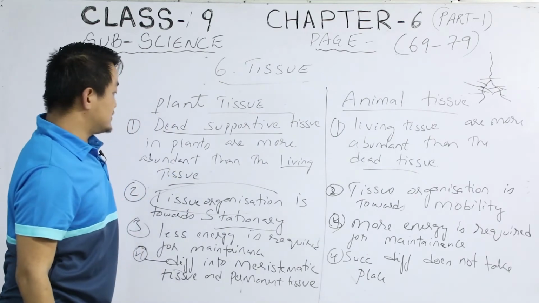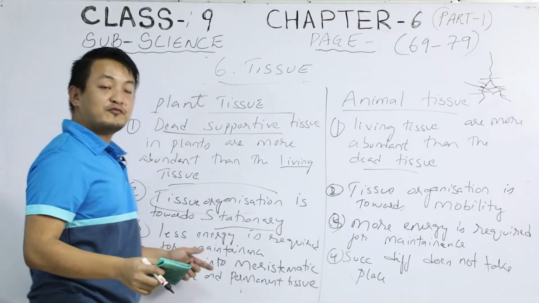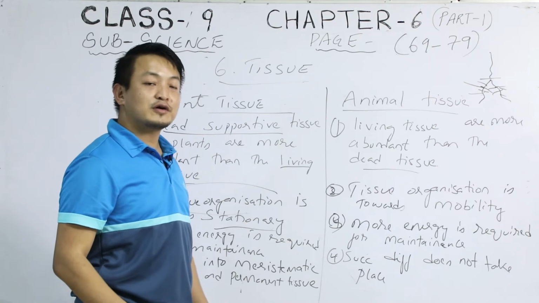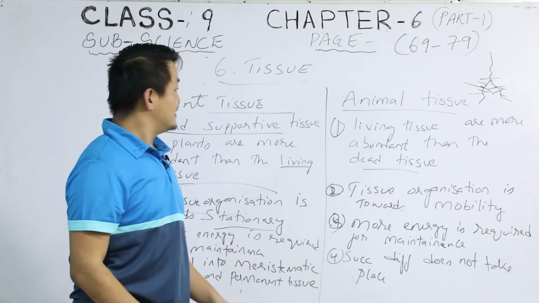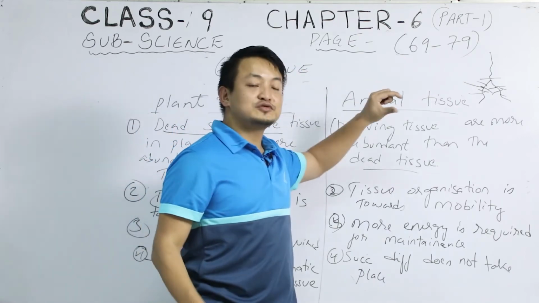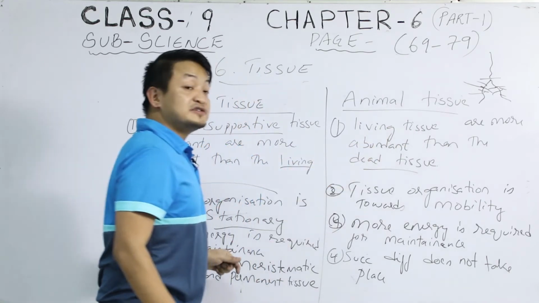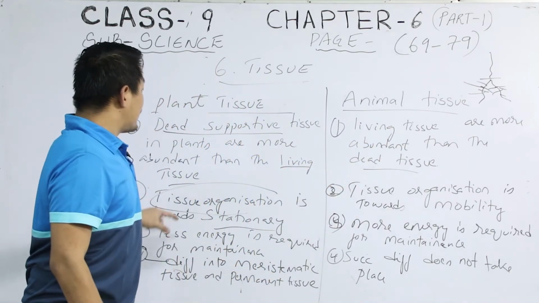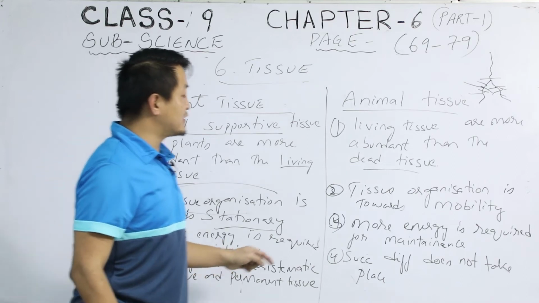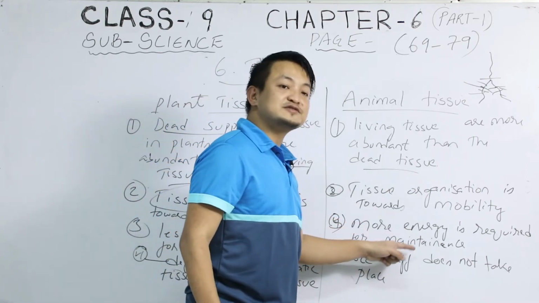Okay, now the third point. For plants, less energy is required for maintenance. Okay, see, plant tissue and animal tissue, they both require energy. So for plants, less energy is required, and for animals, more energy is required.